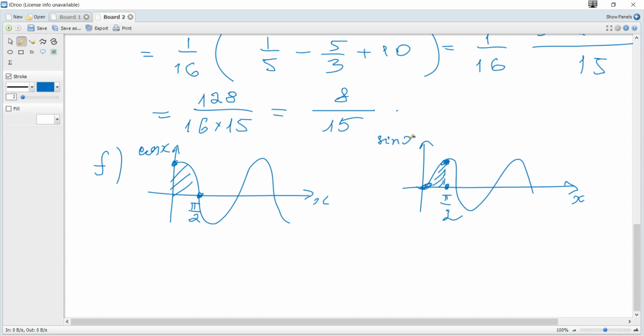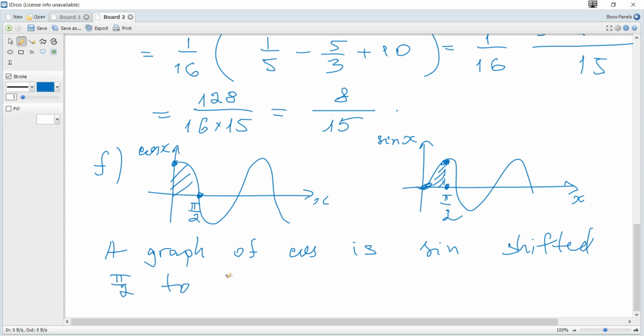It's not necessary to sketch graphs, and here is how to answer concisely. So we can say that the graph of cosine is the graph of sine shifted pi over 2 to the left.